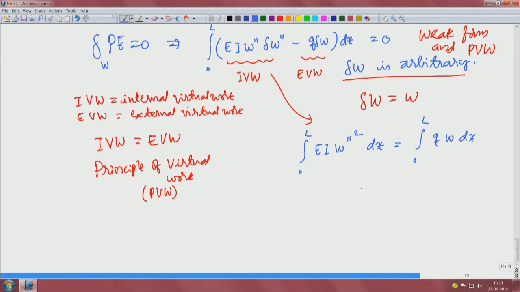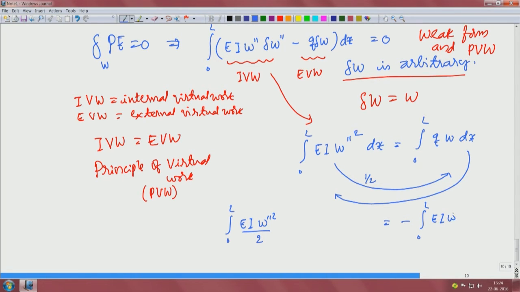I will take half of this to the other side, so half will be left behind here, 0 to L E I W double prime square by 2 dx, other half I will take to the right hand side, and this one I am bringing back here. So, that becomes minus 0 to L q W dx.